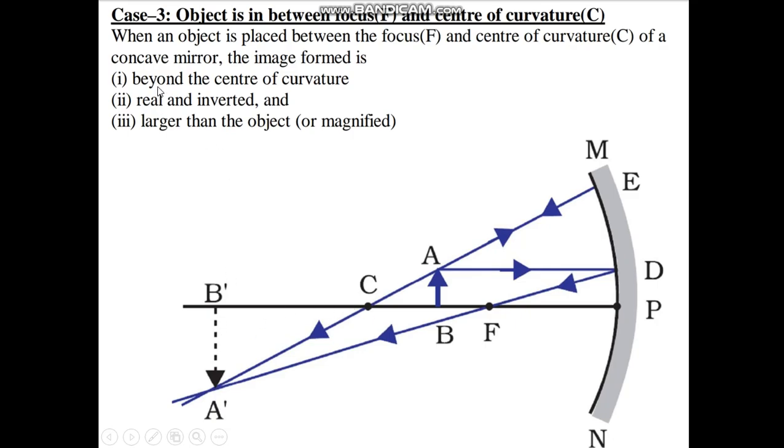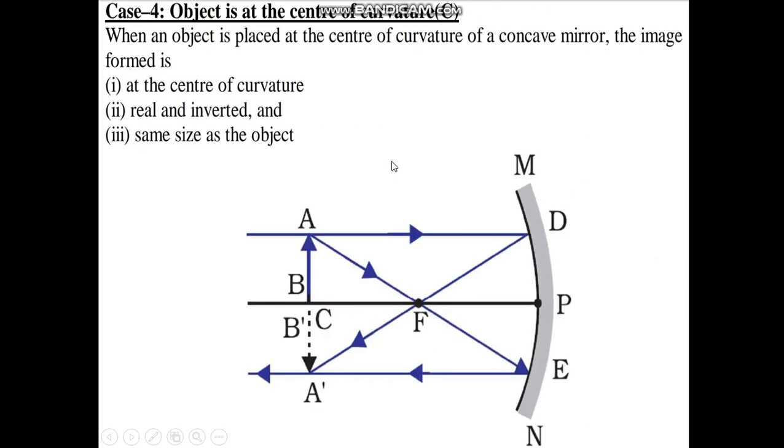So image will be formed beyond the center of curvature, real and inverted, larger than the object. So the fourth case is when the object is at the center of curvature, then the image will be formed here only.